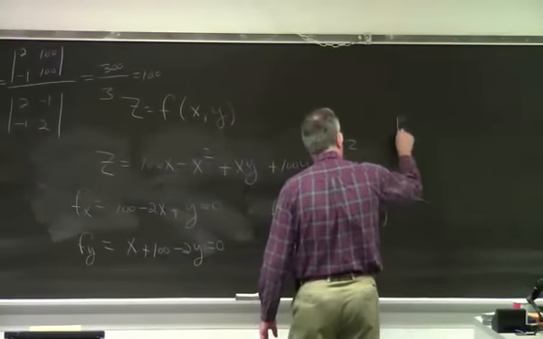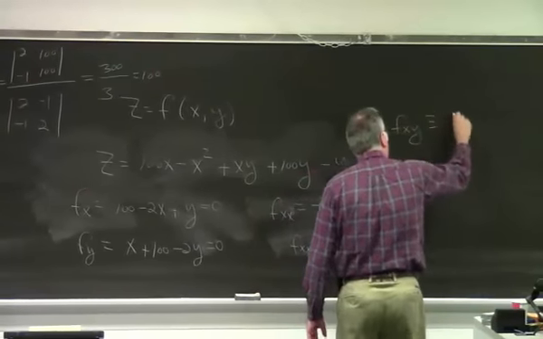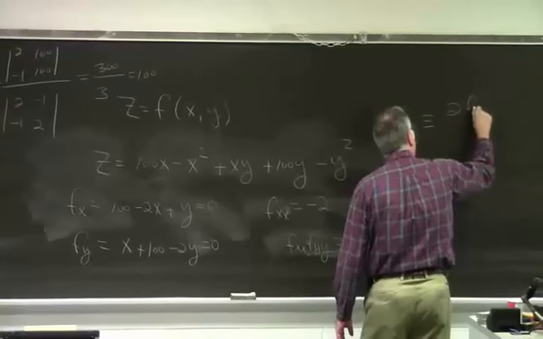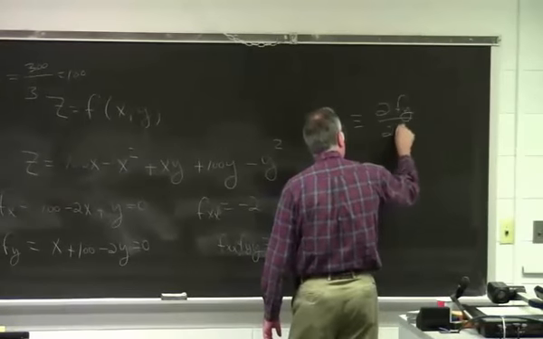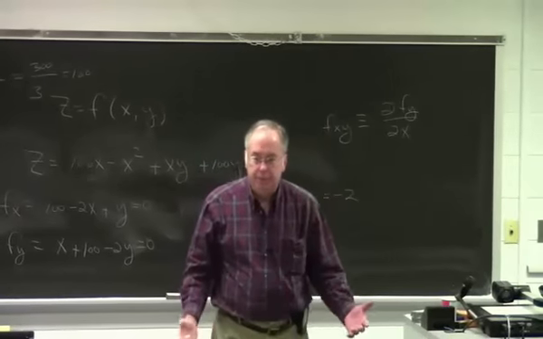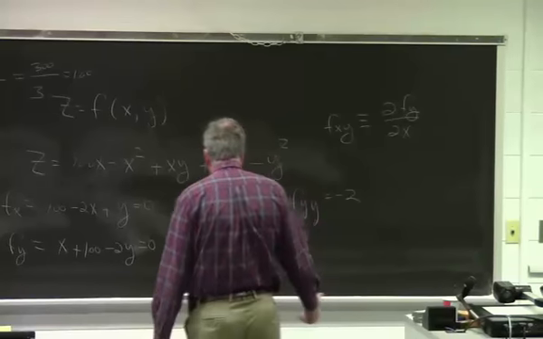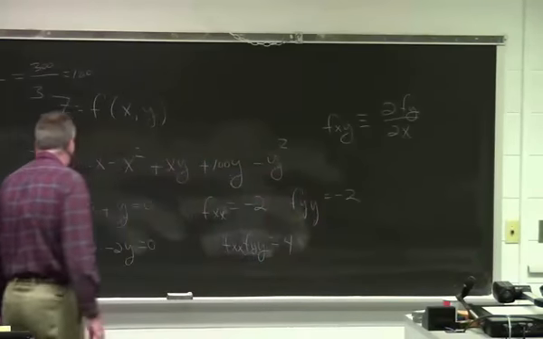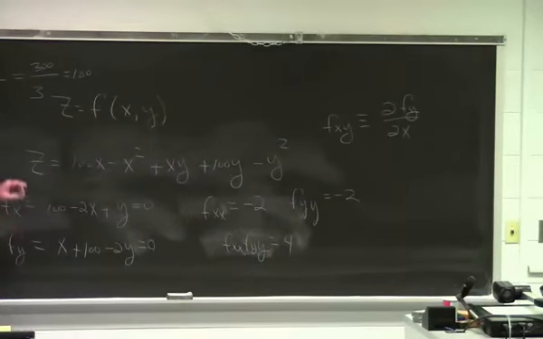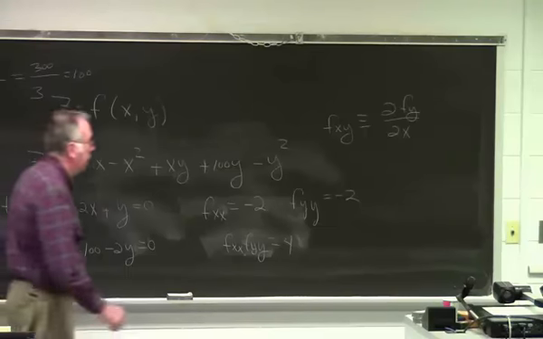F sub xy, which is by definition the partial derivative of f sub y with respect to x. At least it's by definition in this book. Okay, that's what f sub xy is. And what is this equal to? We want to take the derivative of f sub y with respect to x, and it is equal to, what did you say? 1. Coefficient on x is just 1 here.